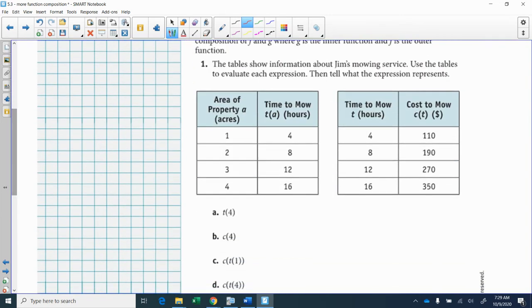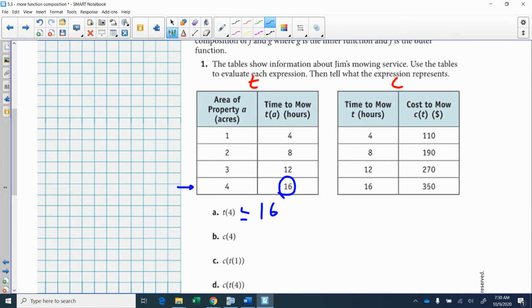So let's talk about a basic chart here. Let's say this is our T chart, and this is our C chart. What they want us to do is go across the line and say, if I plugged in a 4, what would my answer be? For the first one, T of 4, that's going to our T chart, going to where it's 4, and pulling out whatever answer we get.